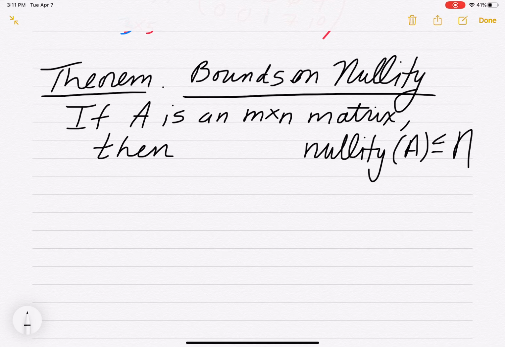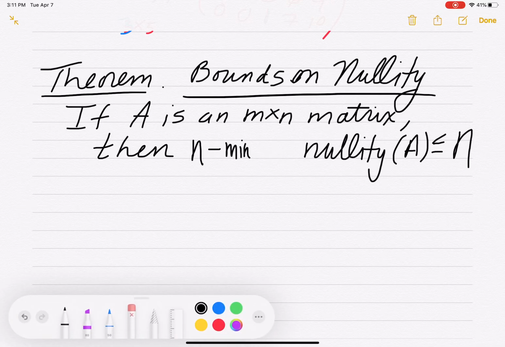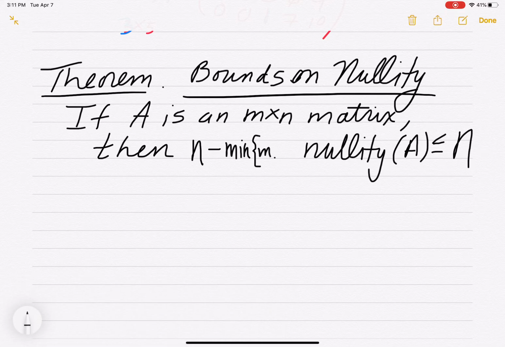And the least you could have, I'm going to tell you the answer to this, is n minus the minimum of m and n. So the upper bound is obvious, right? At most, you can have n non-pivot columns.